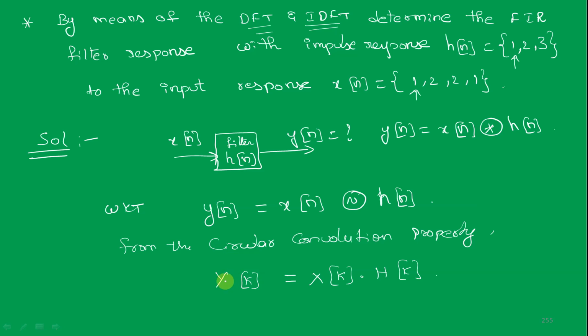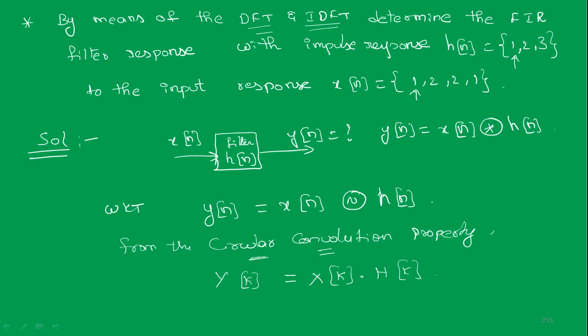Then do the IDFT, inverse DFT, on this particular Y of k, then you can get the y of n. So this is the approach here. But we should not use this circular convolution, we have to use the linear convolution. That means use the circular convolution to get the linear convolution output. So we follow like that.